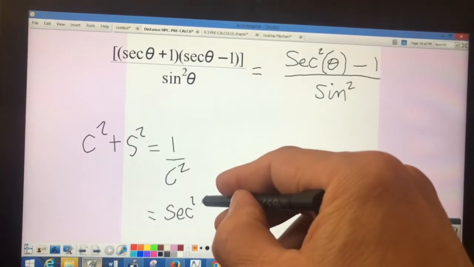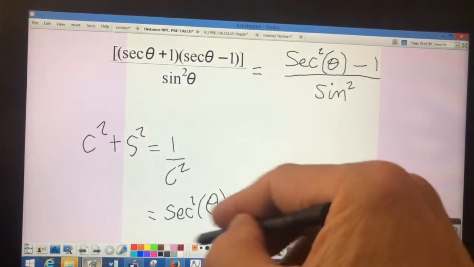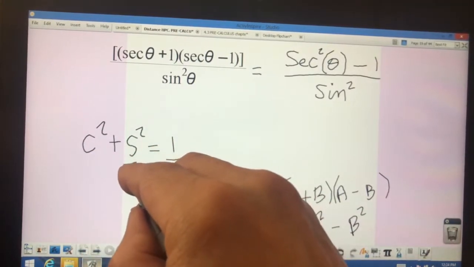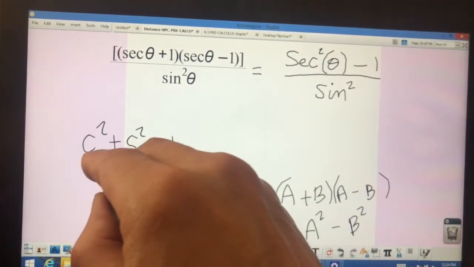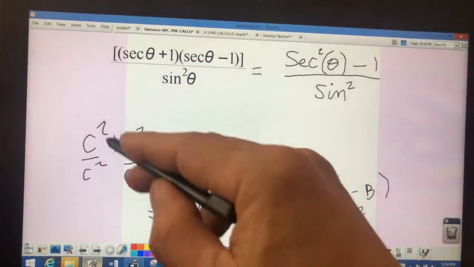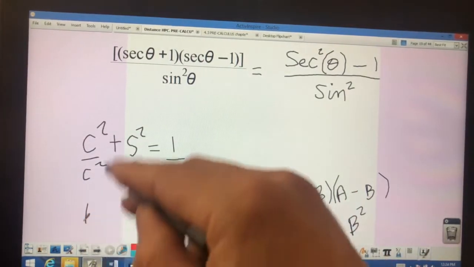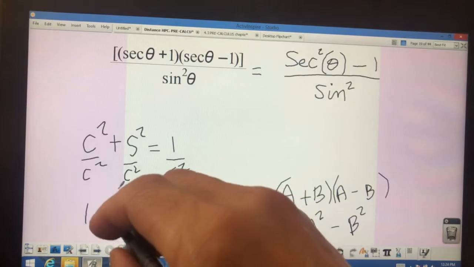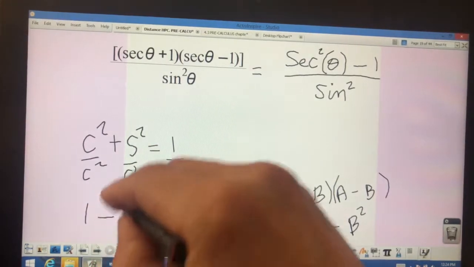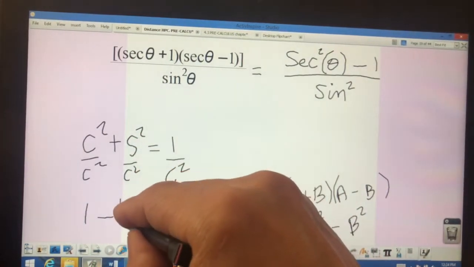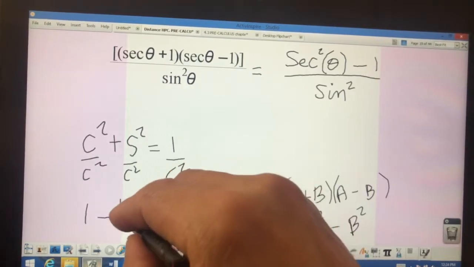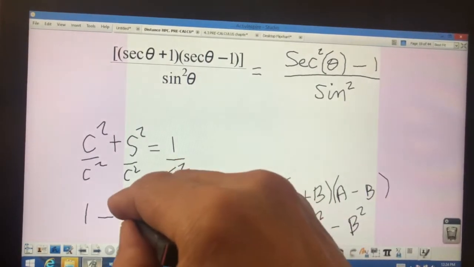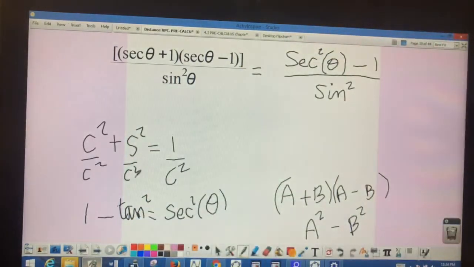What you want to see is how can I move this further, right? So now that means you've got to divide everything by cosine square on that side. So that becomes a 1. We did that little thing in the first video for 5.1. Now sine over cosine is called tangent. Right? Sine square over cosine square is tangent square.